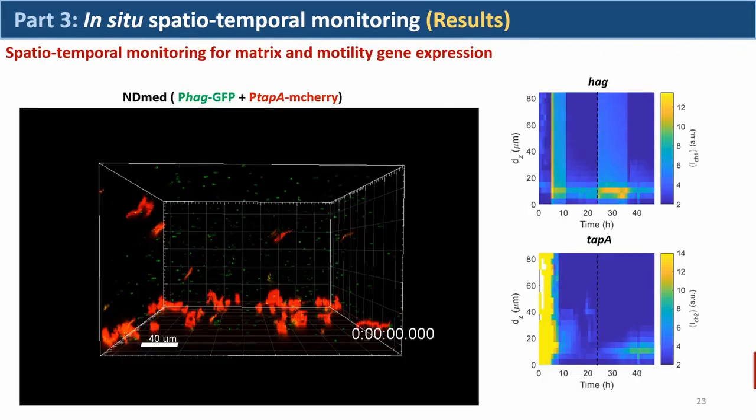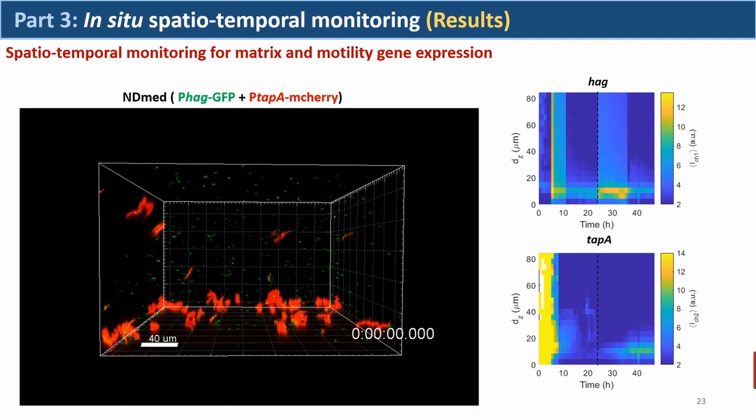Then we have another wave that seems to be expressed in a mature biofilm afterwards. For TapA, we can see that it was highly expressed at the beginning, then decreased, and was only expressed a little bit again in a very mature biofilm.